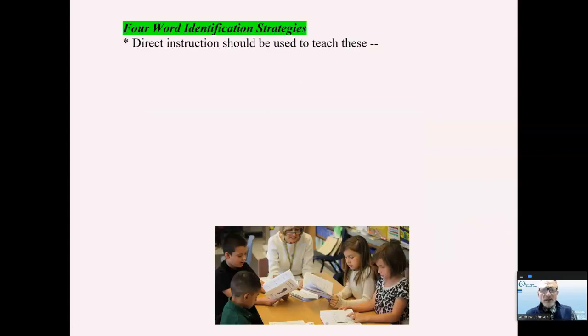example, but let's go back to word identification strategies. Direct instruction. Here's where direct instruction is used to specifically teach these four word identification strategies. Now remember, word identification strategy: you see a word, you don't know what it is, you need to use some strategy that you consciously employ to try to recognize that word.